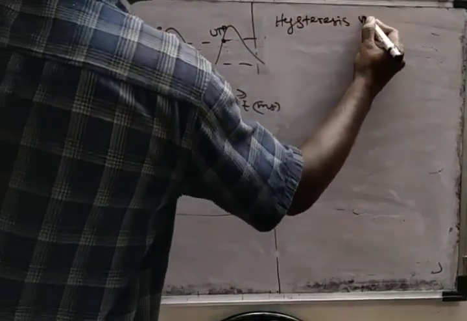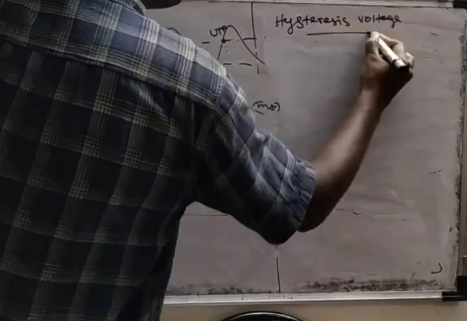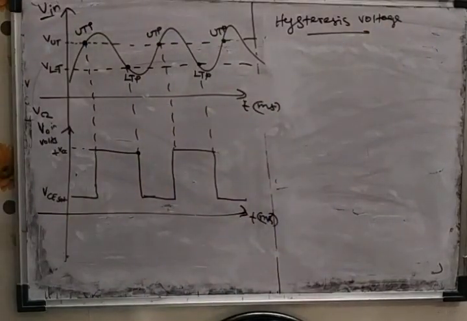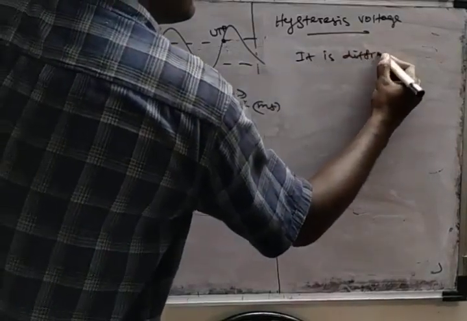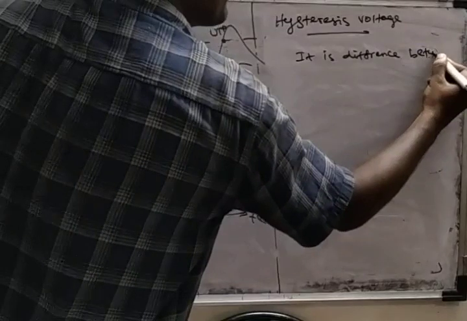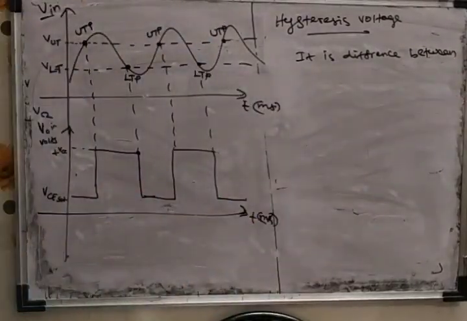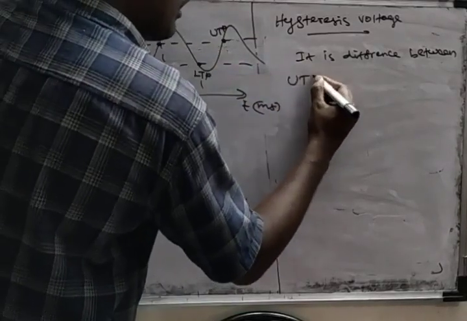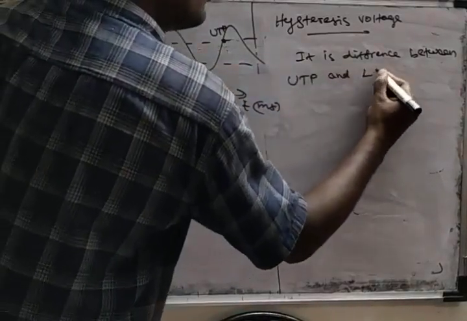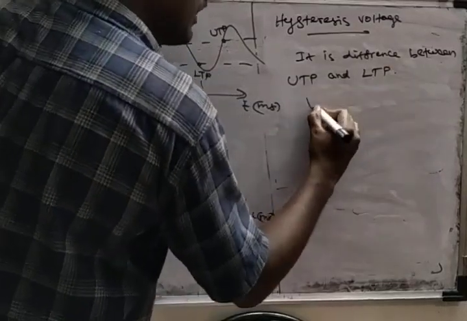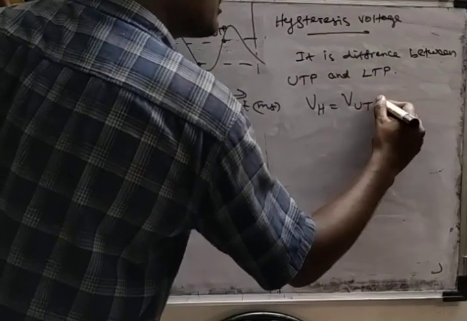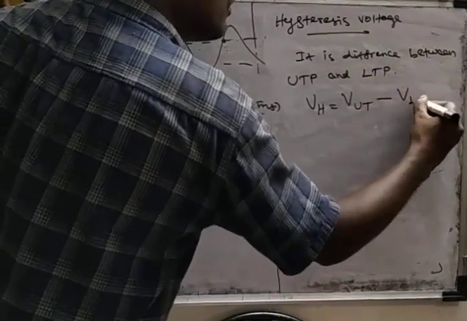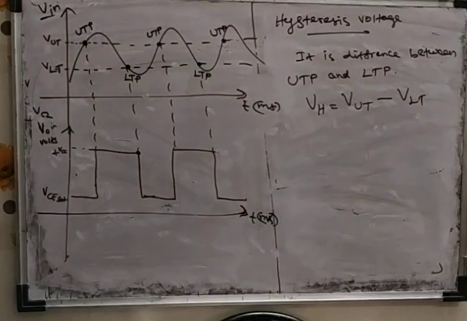Hysteresis voltage is the difference between the upper triggering point and the lower triggering point. We can define it as the difference between the upper threshold voltage minus the lower threshold voltage.